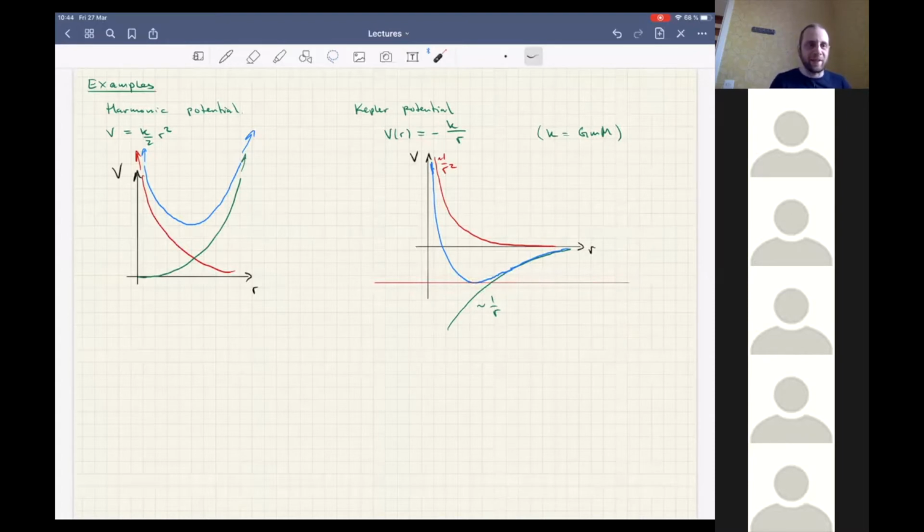You cannot be in any other points because that would violate the energy conservation. So this minimum is exactly what you said. It's when you get a circular orbit, because the only radius where you can be with this energy is this constant radius. So the only solution is that r dot is 0, leading to r being a constant. That is correct.